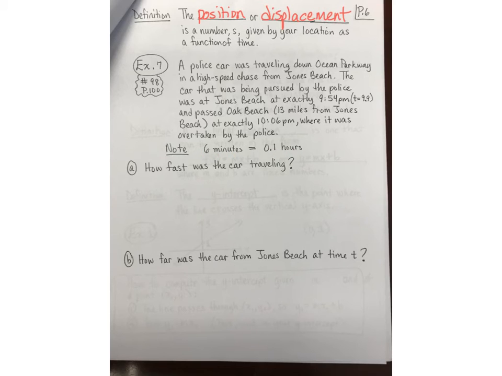So first we want to figure out how fast the car was traveling. Well, we're going to take S to be displacement from Jones Beach, and we're going to take T to be the time in hours.